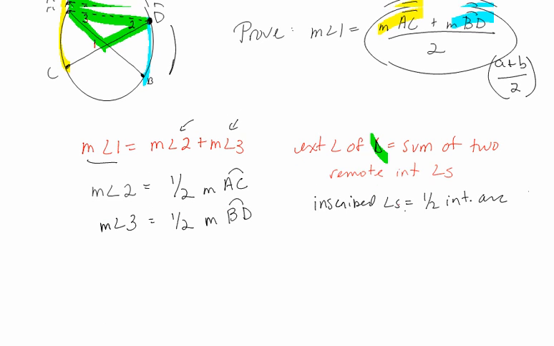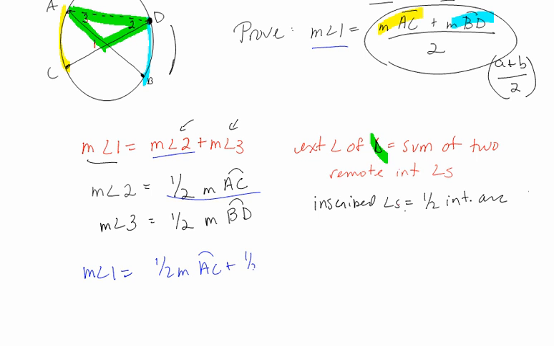New theorem from today. So let's go ahead and do that substitution that I was referring to. We want angle 1 in our proof. So let's replace angle 2 with this, 1/2 the measurement of arc AC, plus 1/2 the measurement of arc BD for angle 3.